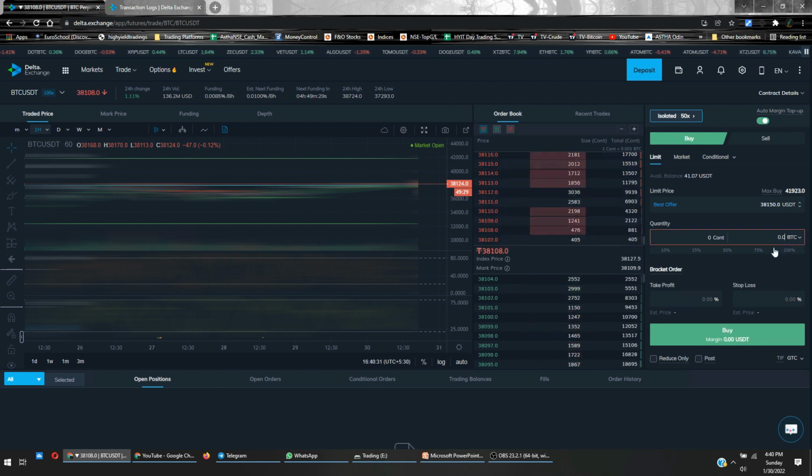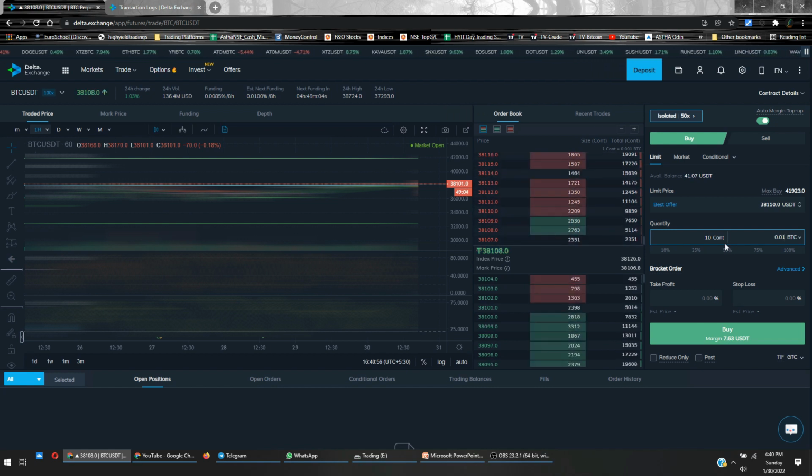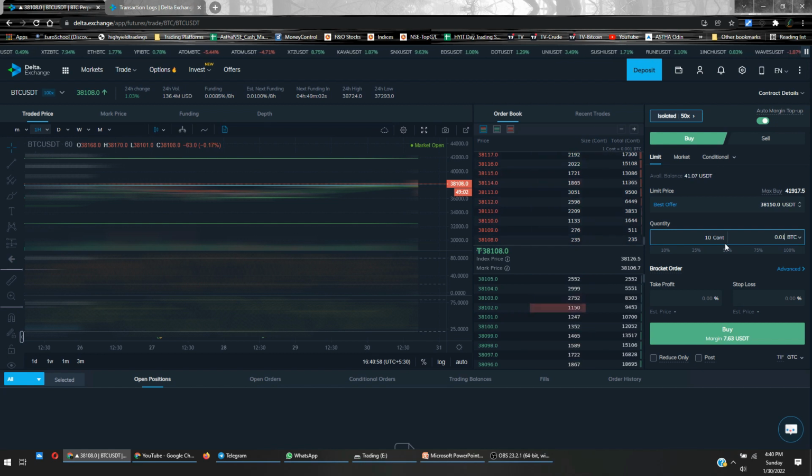Another thing that I want to mention here is don't trade with 0.001 BTC. 0.001 Bitcoin will be equal to one contract. If you trade with 0.001 BTC, it will be really tough for you to earn anything out of Bitcoin. So start with 0.01 Bitcoin, that is 10 contracts. Whenever there is a move of 100 points, you will gain $1. Let me repeat it once again.